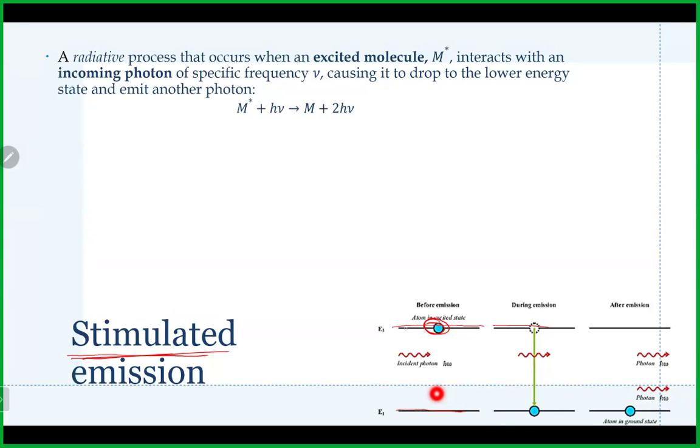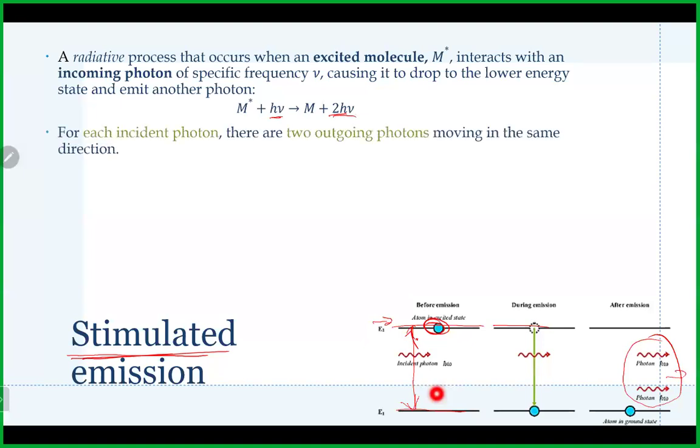So the photon that is coming in must also match this energy difference. It stimulates the molecule to go down and forces it to emit a photon. Which means one photon comes in and two photons go out.